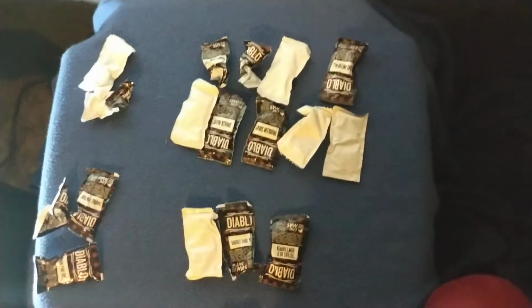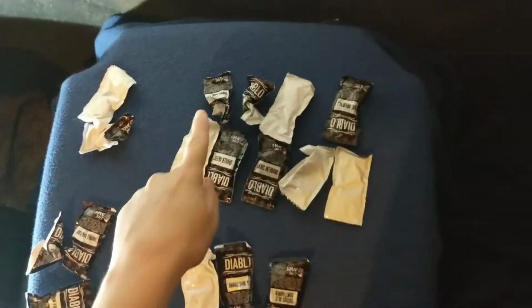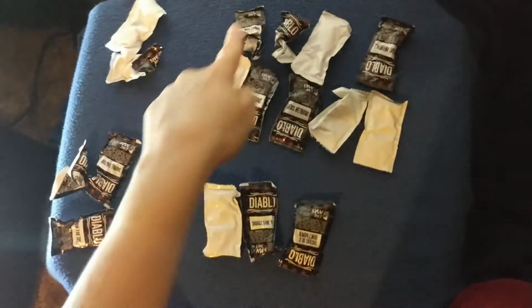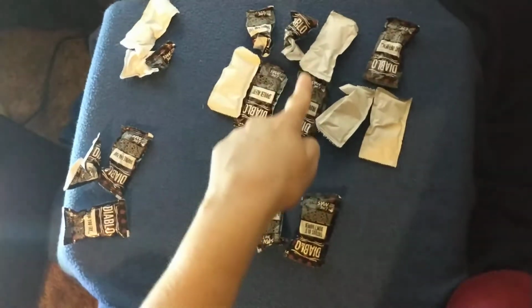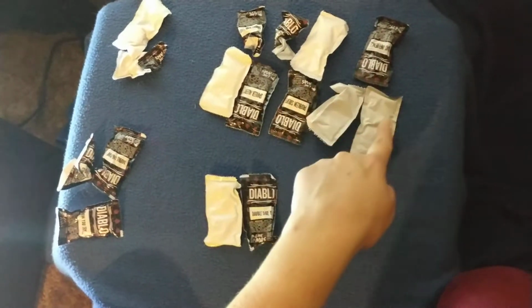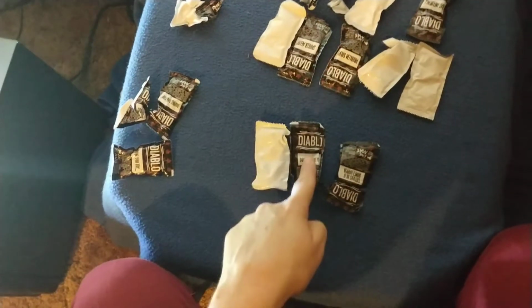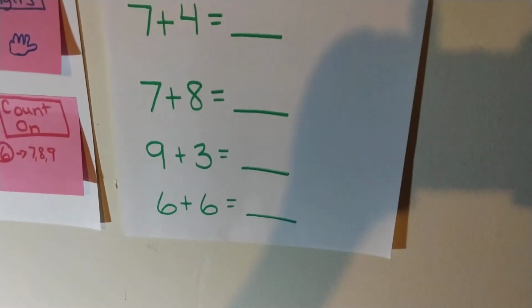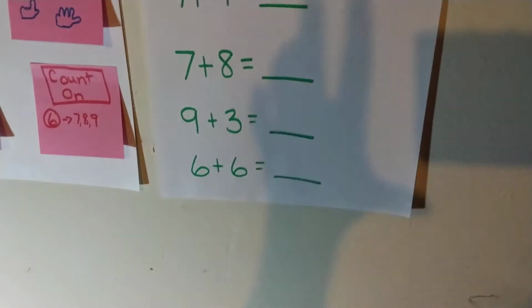All right, now I'm ready. I just need to count them again. Ready? 1, 2, 3, 4, 5, 6, 7, 8, 9, 10, 11, 12. Ooh, 9 plus 3 equals 12. Awesome. Good counting.